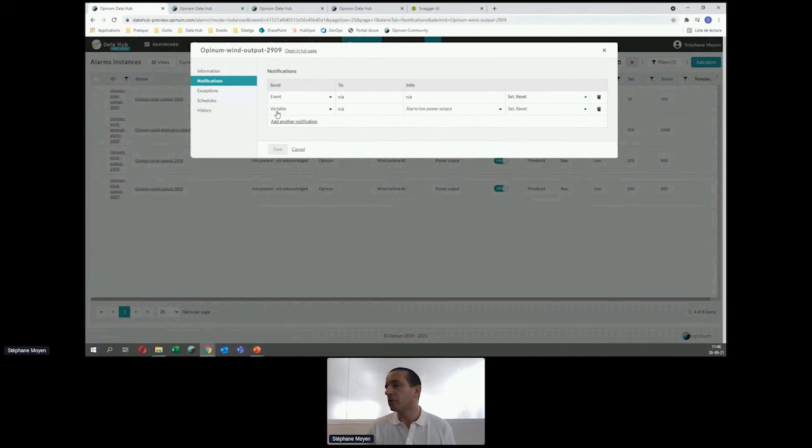And I have also chosen to add a notification which is going to be stored in a variable that exists on the same source, in this case alarm allow power output, again for the set and reset states.